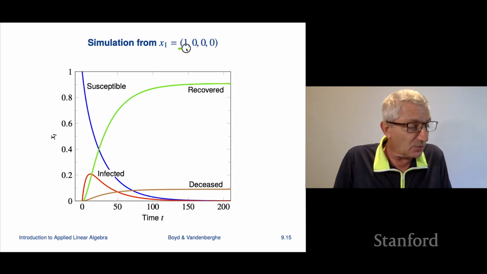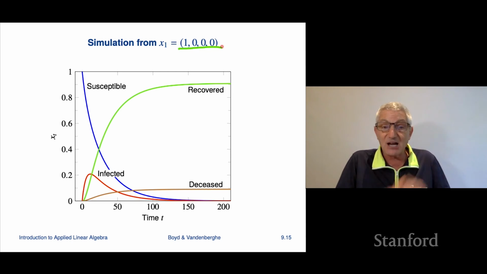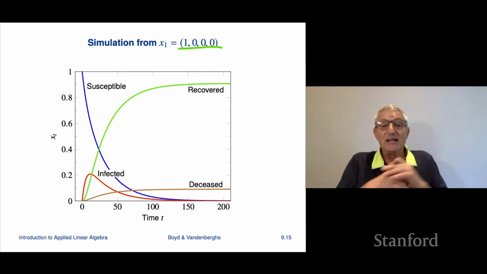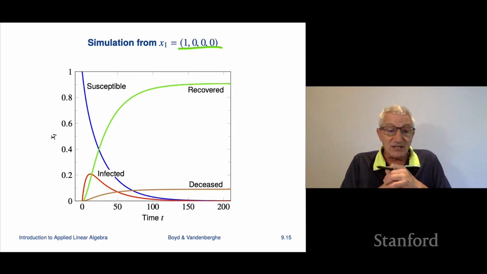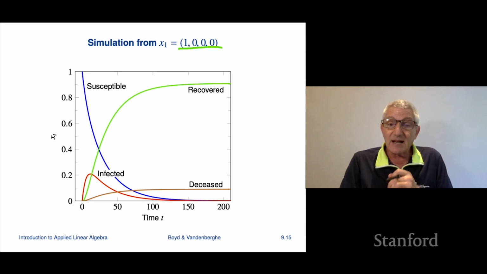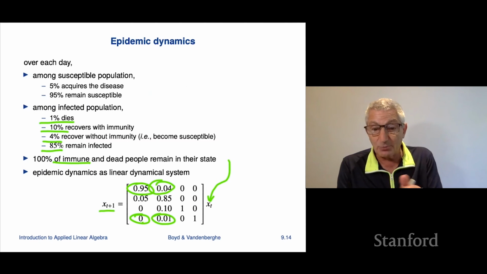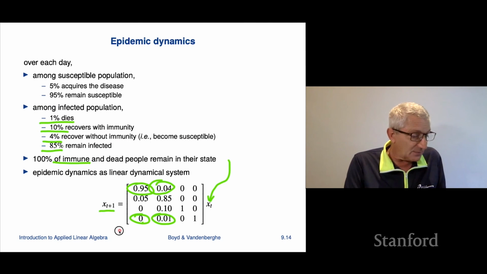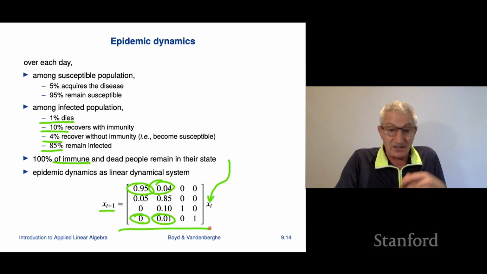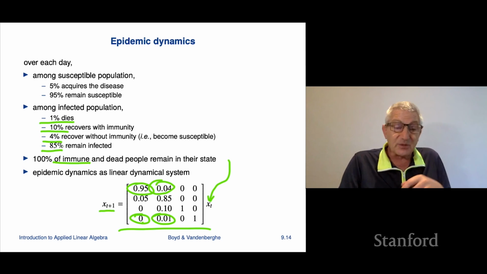We are going to start with a purely 100% susceptible group of people. No one has immunity. That's it. So everyone is susceptible. And I'm simply going to multiply. It's very simple, the simulation. I just run a loop. I multiply that vector by this matrix, and I get the fraction after one step, right?